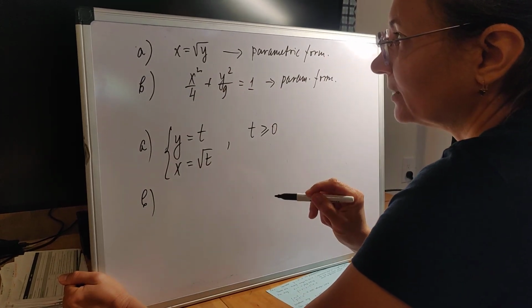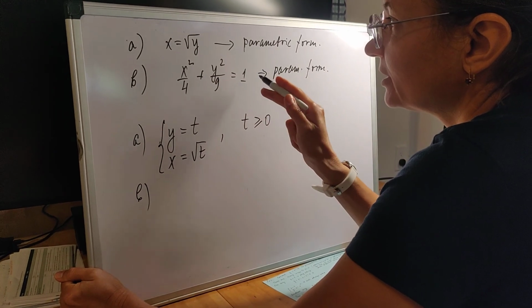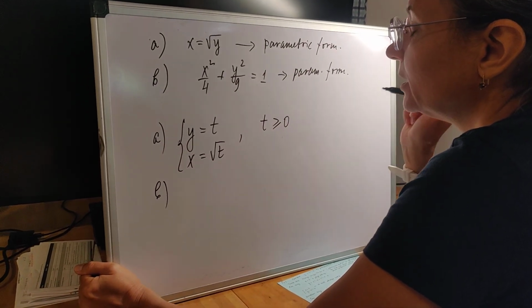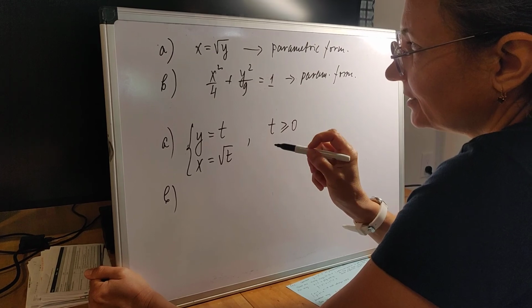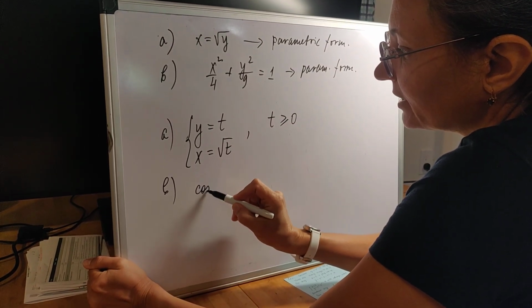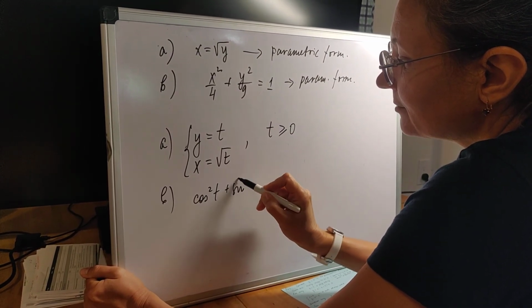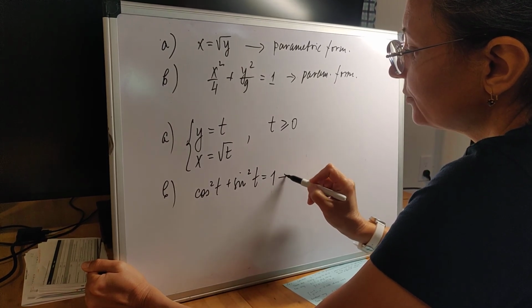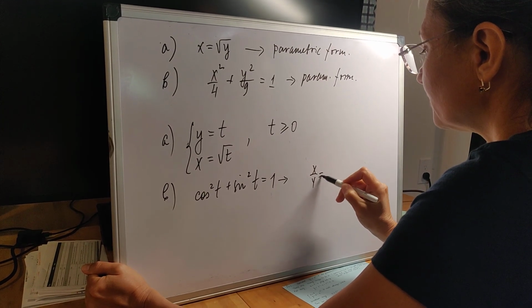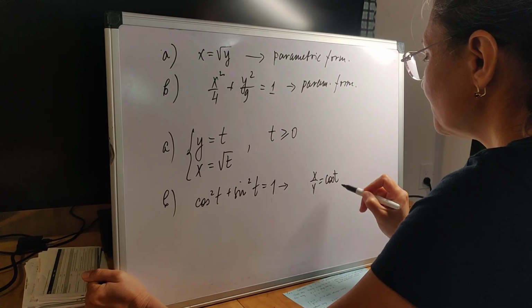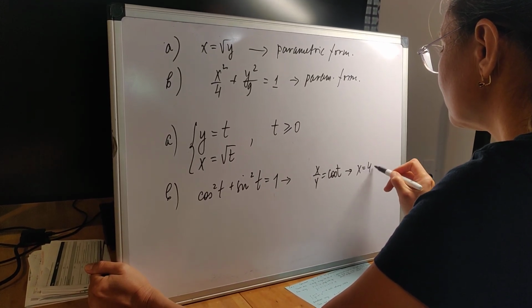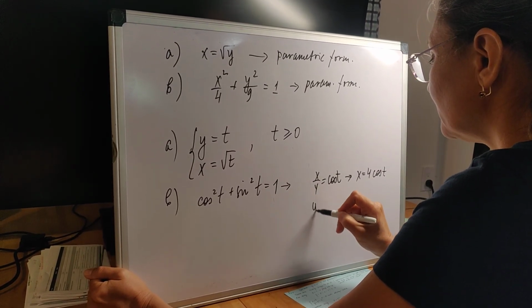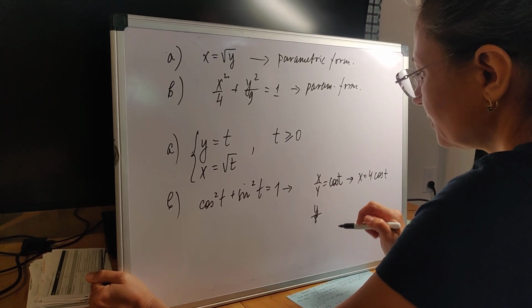For the second problem, whenever you see square plus square equals 1, you're always supposed to recall the Pythagorean identity. So what it looks like: cosine squared plus sine squared equals 1. So you can set up x over 4 equals cosine of t, which is going to give you x equals 4 cosine of t, and y is over 4, by the way.